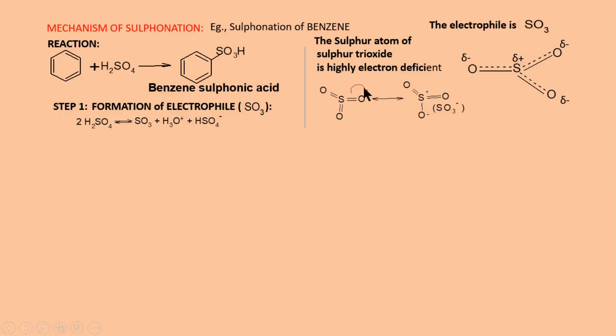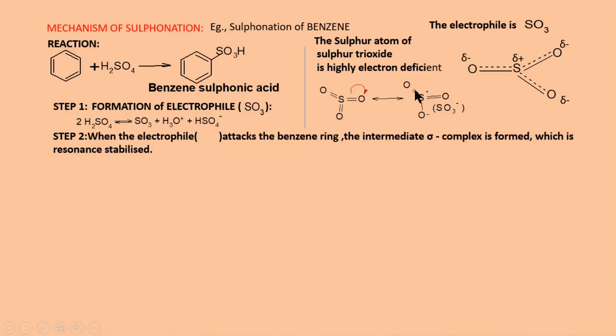One of the bonds is shifted here, so that sulfur will get a positive charge and oxygen will get a negative charge. So it is represented as S plus O3 minus, or SO3 minus. So when it attacks the benzene ring, this S plus is only joined to the carbon atom.